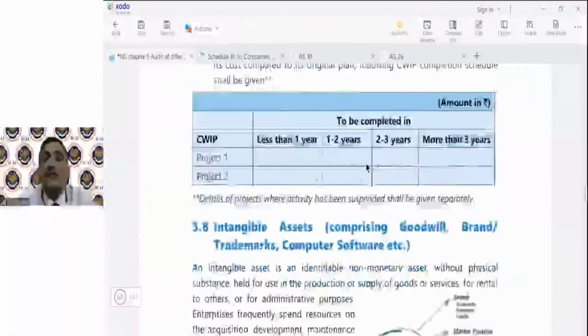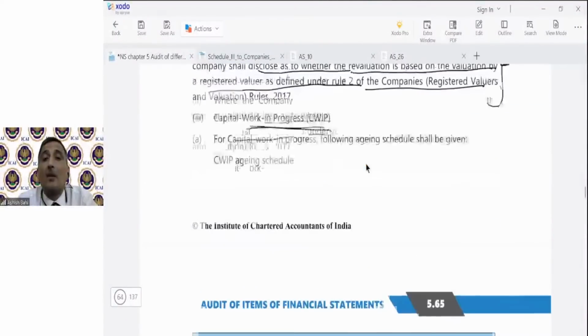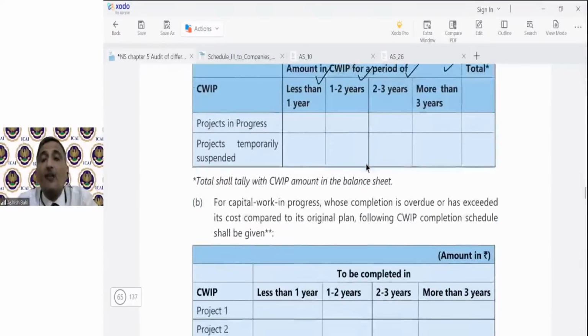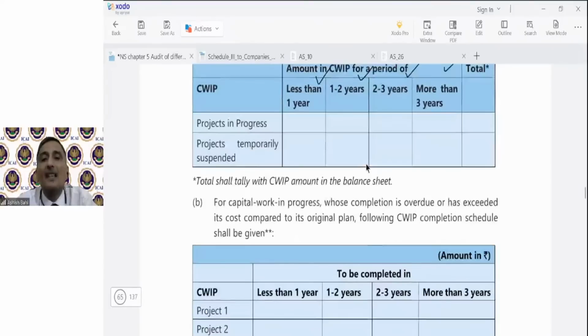So this type of disclosure in respect of capital work in progress, and separately for capital work in progress which is overdue, or which has exceeded its cost compared to its original plan, has also to be given on the same lines.